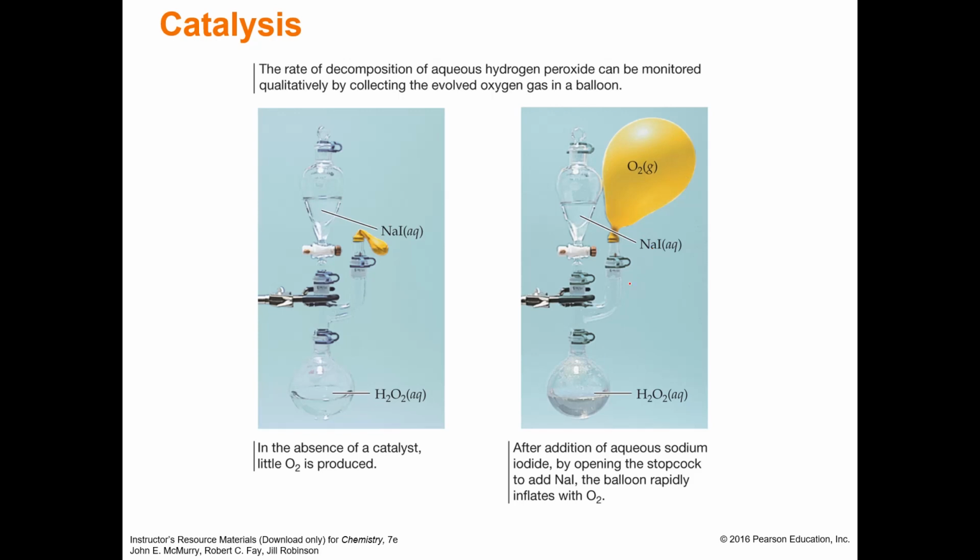If we want to speed that up, we can use something that contains iodine, something like sodium iodide, which in this case is in aqueous form, and that will speed up the production of O2. So we can see, without any catalyst, our balloon is rather flat and doesn't have any O2 in it. When we add the catalyst, this reaction gets much faster and we start producing some oxygen gas here.